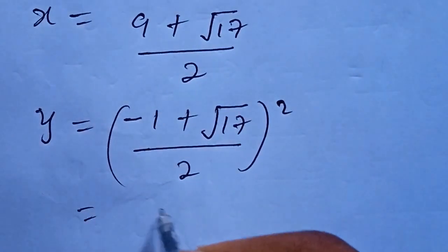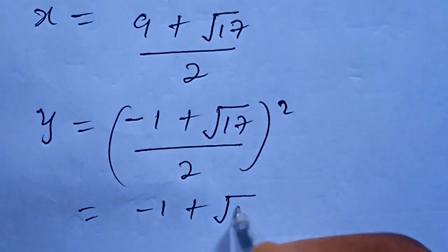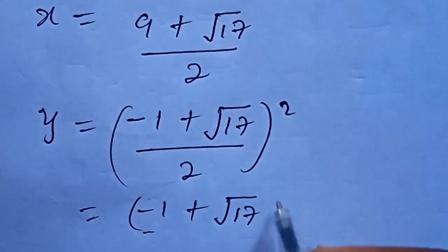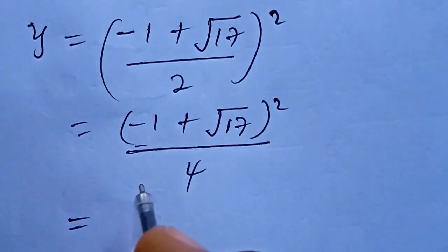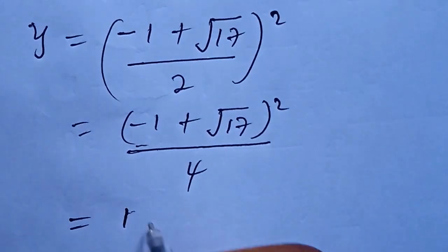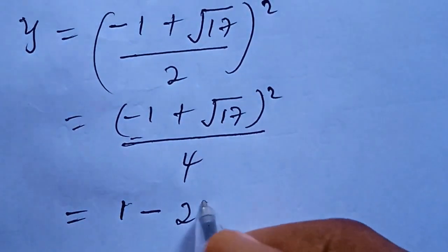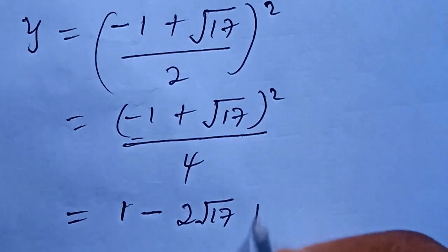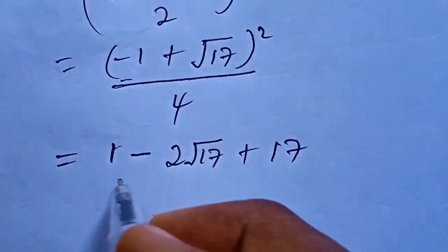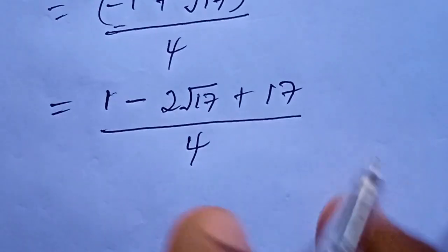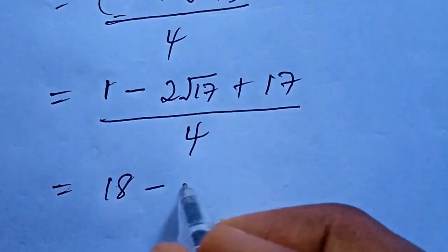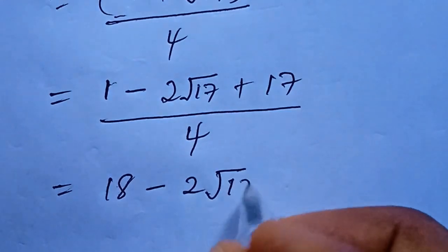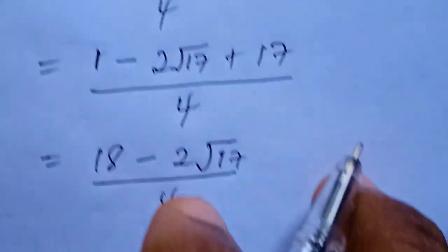So if we square this, we have (-1 + √17)² over 4. If we expand the numerator, we arrive at (1 - 2√17 + 17) all over 4. And this will give us (18 - 2√17) over 4.